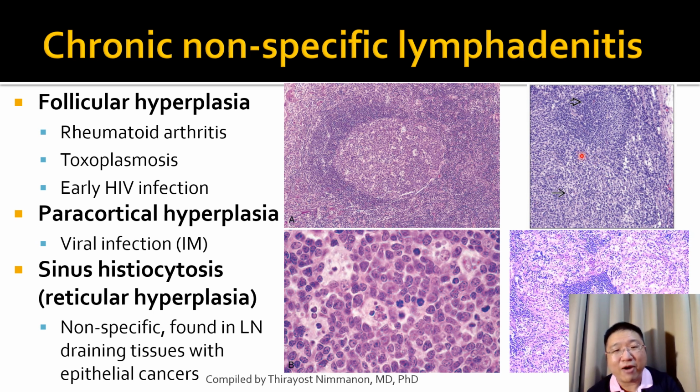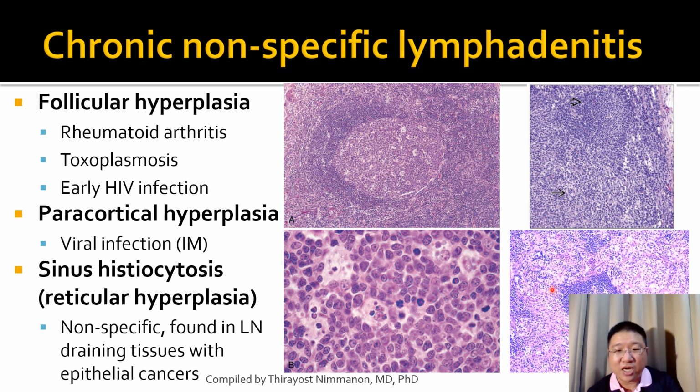So this one is paracortical hyperplasia, which can be seen in viral infection, such as infectious mononucleosis, which is the infection of EBV. EBV is one common cause of lymphomas, both Hodgkin lymphomas and non-Hodgkin lymphomas.